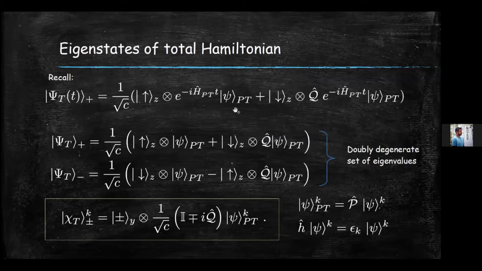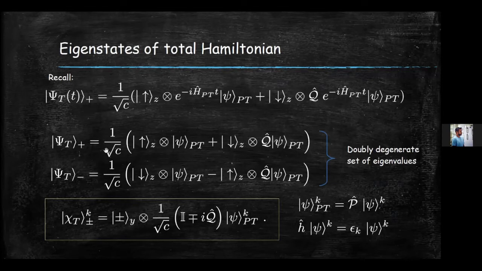Now, important to notice that if this psi PT we choose to be the eigenstate of this HPT, then we can take it out as a phase factor, and we can define the eigenstate of such a complicated Hamiltonian, this H total, like this.